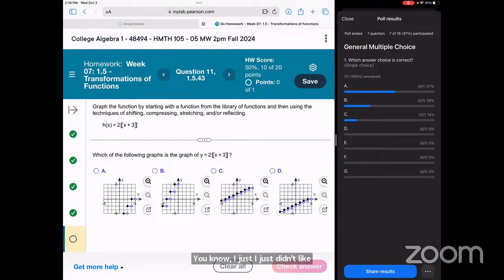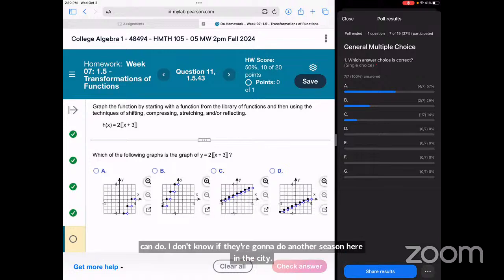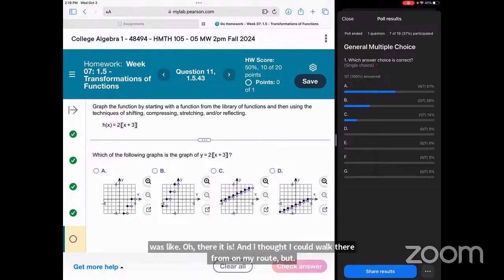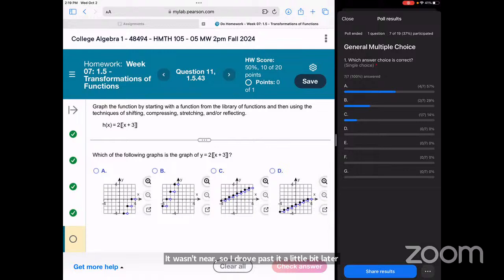Anyway, that was a wild ride. I mean, it's a game show. You can only do what you can do. I don't know if they're going to do another season here in the city. Over the weekend I drove past the building. I was like, oh, there it is. I thought I could walk there on my route, but it wasn't near, so I drove past it a little bit later. So it was cool.